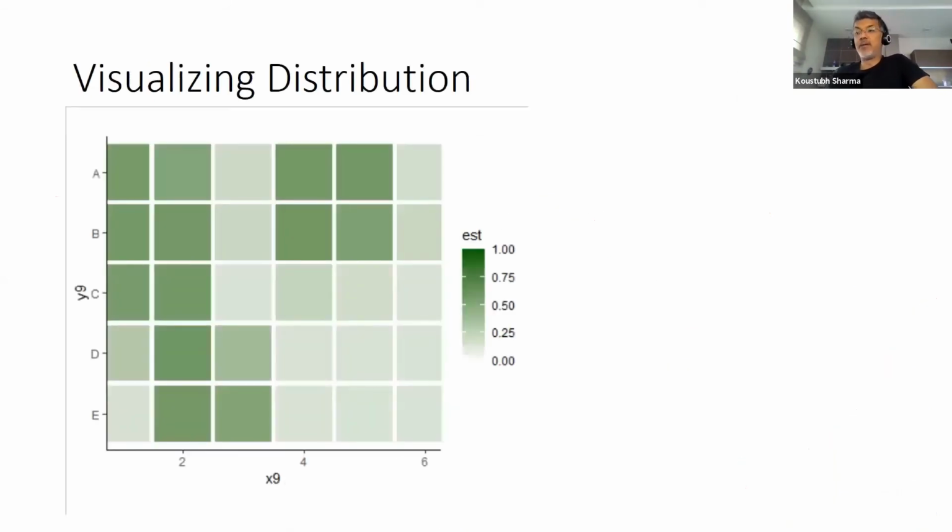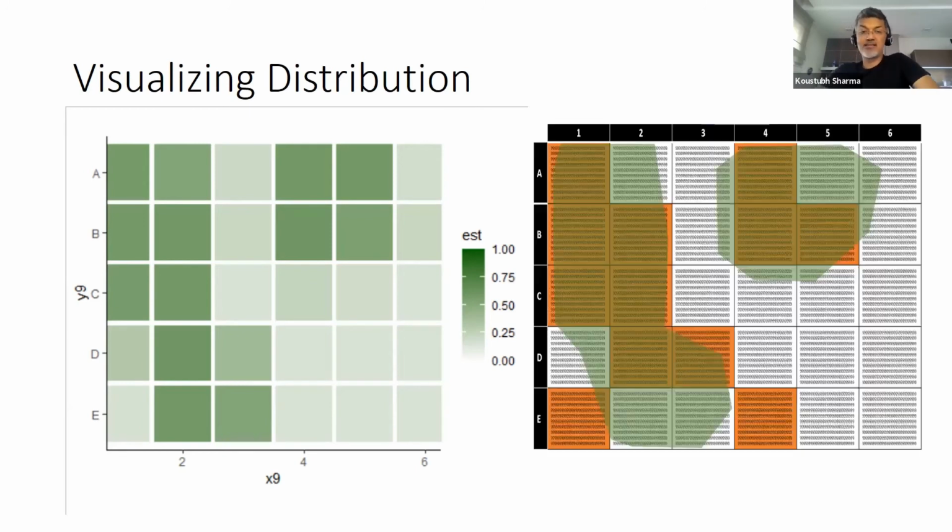Now, based on the outputs that we have got from our models, this is what it looks like. And if you compare this with what the real scenario is, you will notice that it's fairly compliant. It's doing a reasonably good job of giving us an estimator which is as close as possible to reality. Yes, it has failed to give a high probability of occupancy in this particular unit.